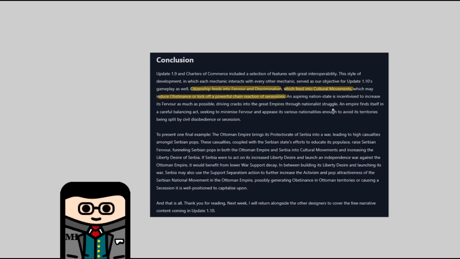But because of this fight against the Ottomans and different oppressive groups, they start to define themselves with their own national fervor and so on and so forth.